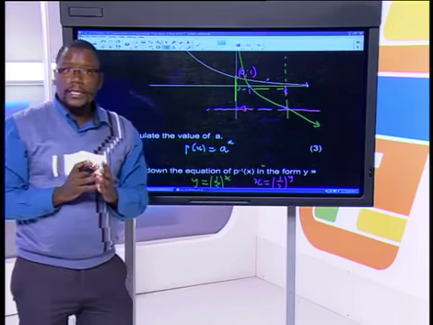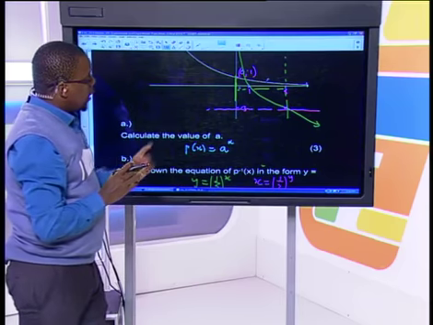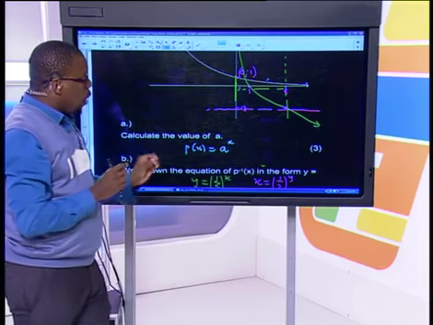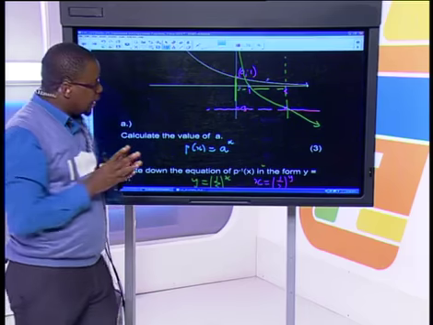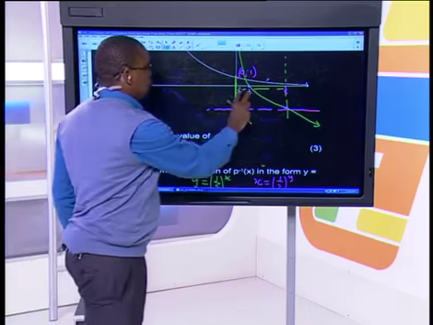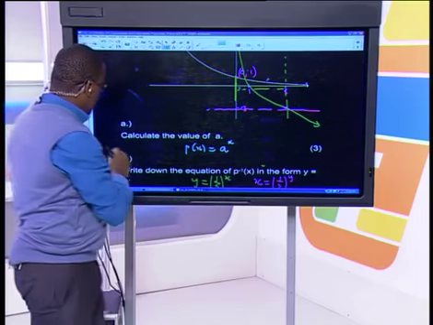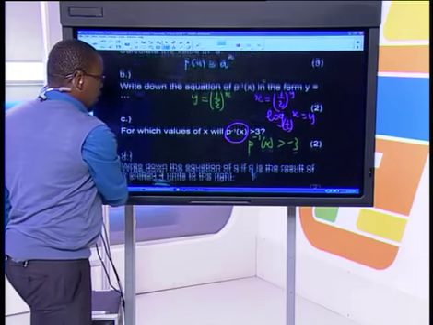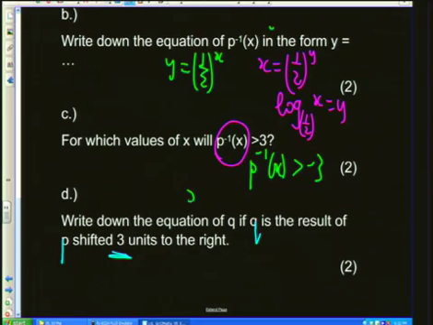So if we look at the graph like that and interpret where the y of the inverse is greater than negative 3, we have x between 0 and 8. So how do you write that? Your x should be between 0 and 8.